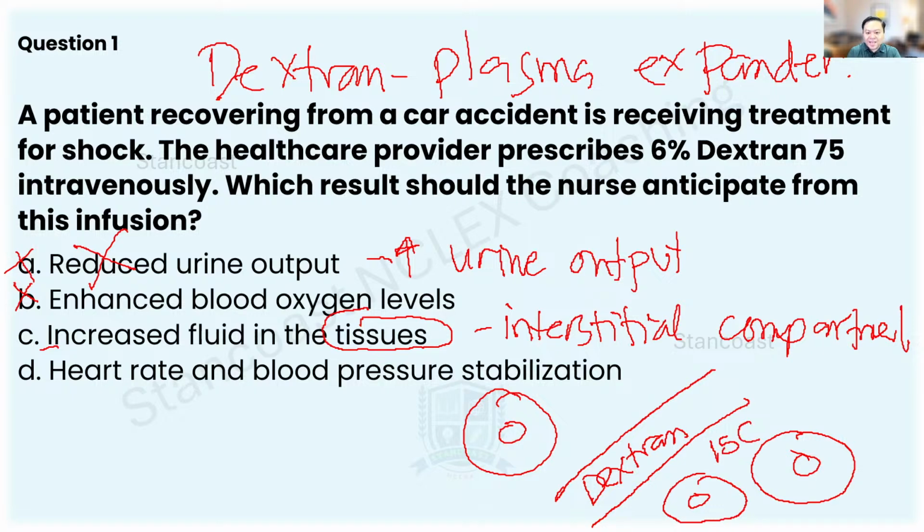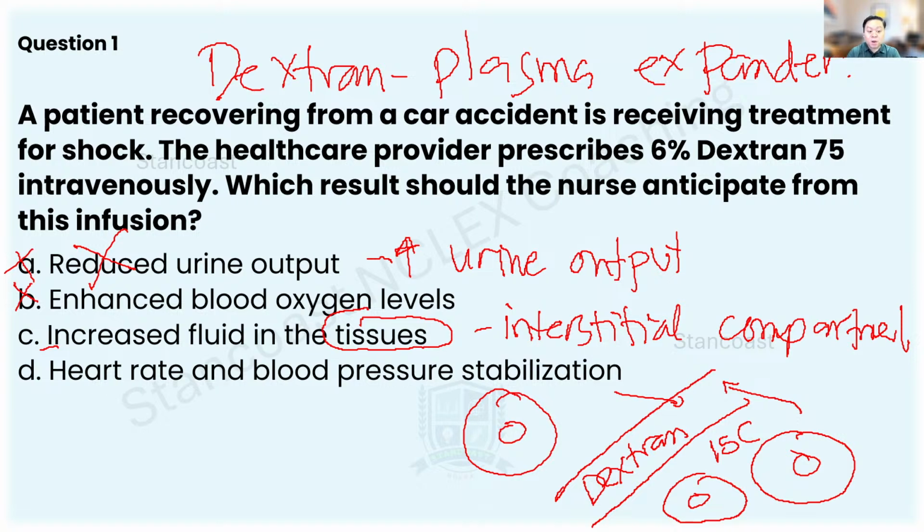What actually happens is that the dextran will draw fluid from the interstitial compartment back into the bloodstream. And that is why there will be restoration of the patient's circulating fluid volume because of that effect.